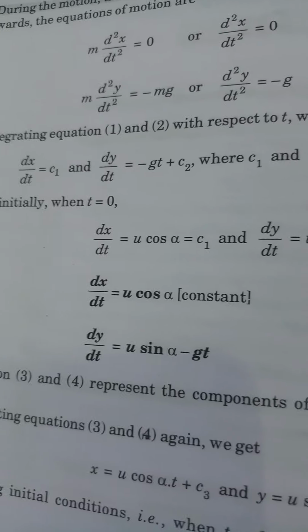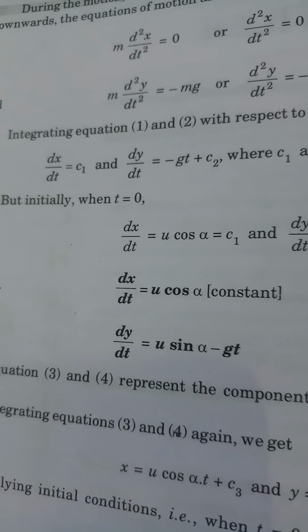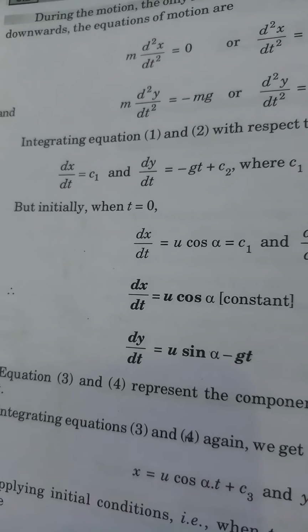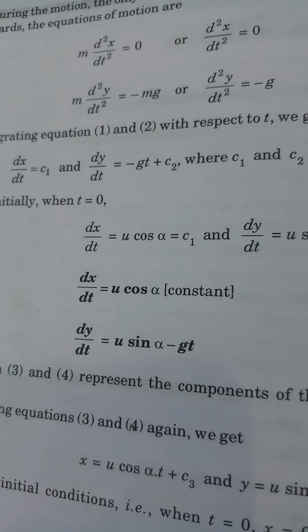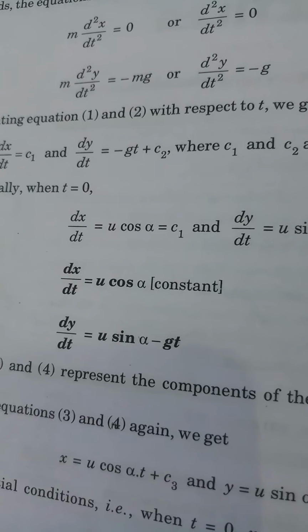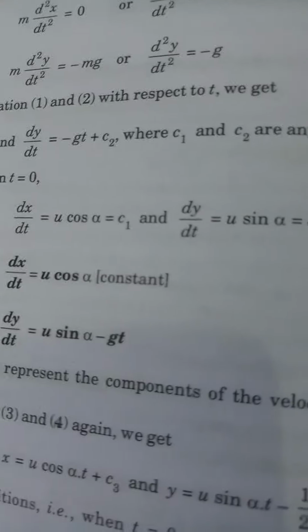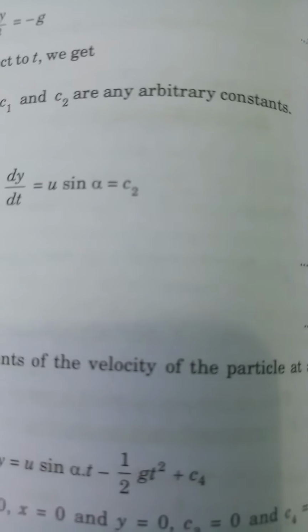Integrating equations 1 and 2 with respect to t, we get dx/dt equal to c1, a constant of integration, and dy/dt equal to minus gt plus c2, where c1 and c2 are arbitrary constants.